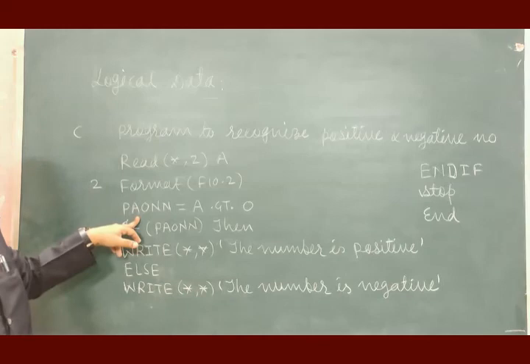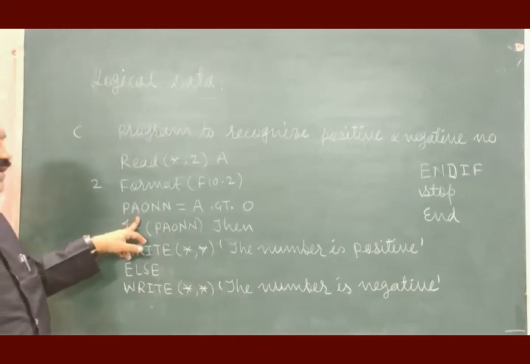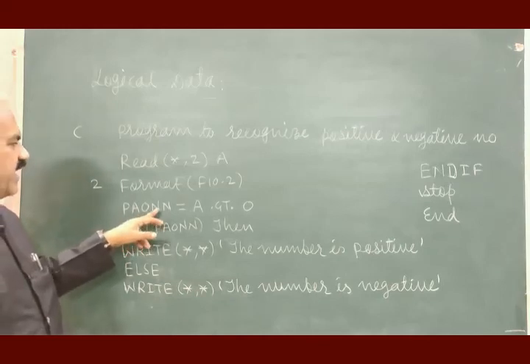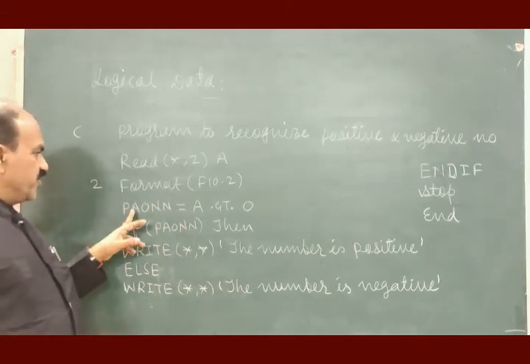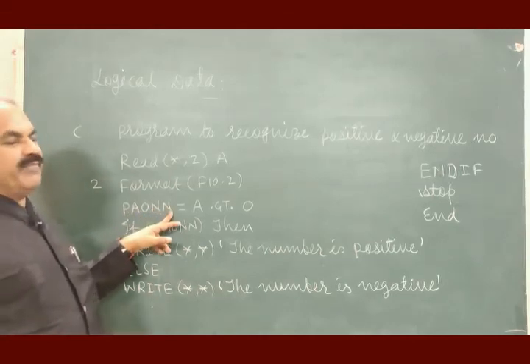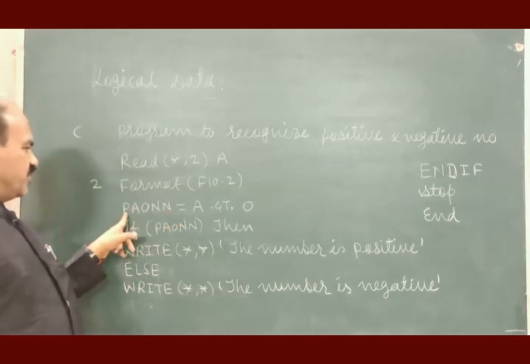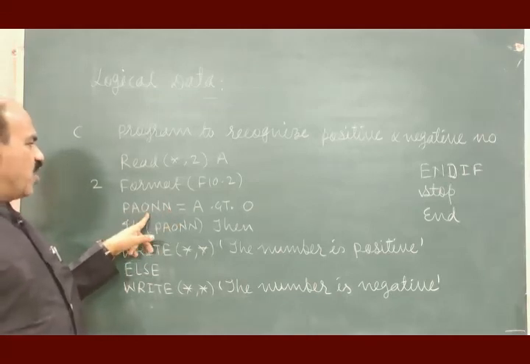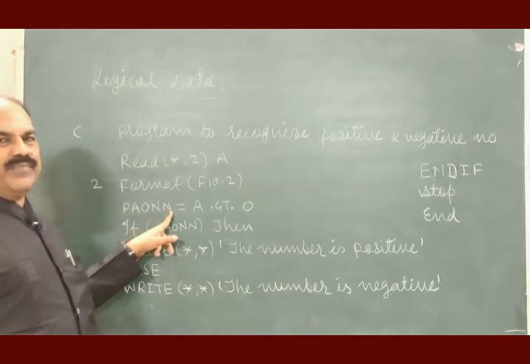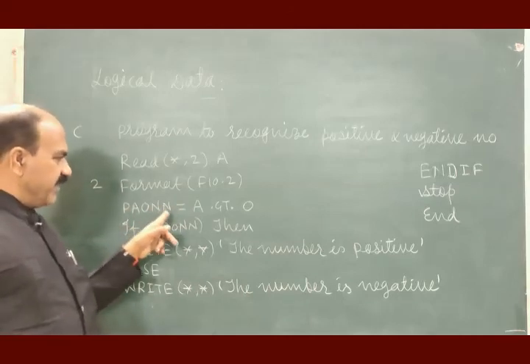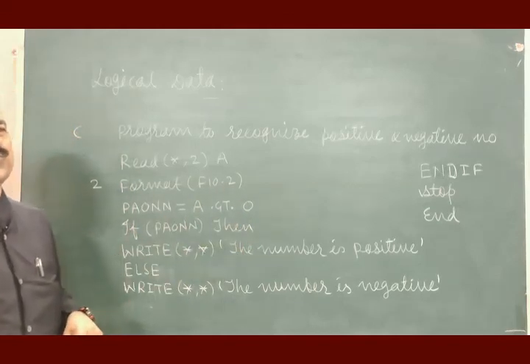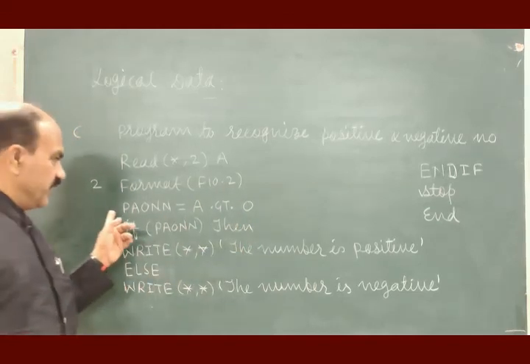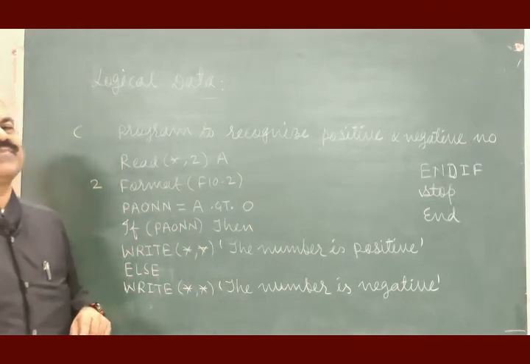I have set one variable here, PAONN, positive and or negative number. Okay, this variable is equal to A greater than 0. This is a logical expression.